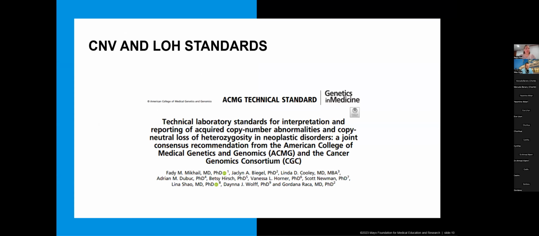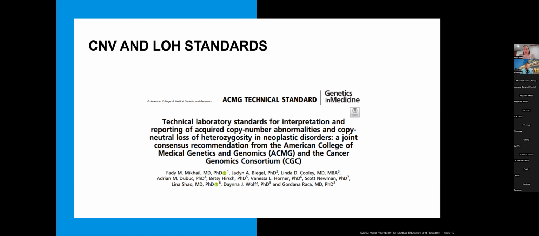So next, I want to talk a little bit about what we do know right now. And so we'll review this paper quickly. This is the copy number variant and loss of heterozygosity standards that were published in 2019 by McHale et al.